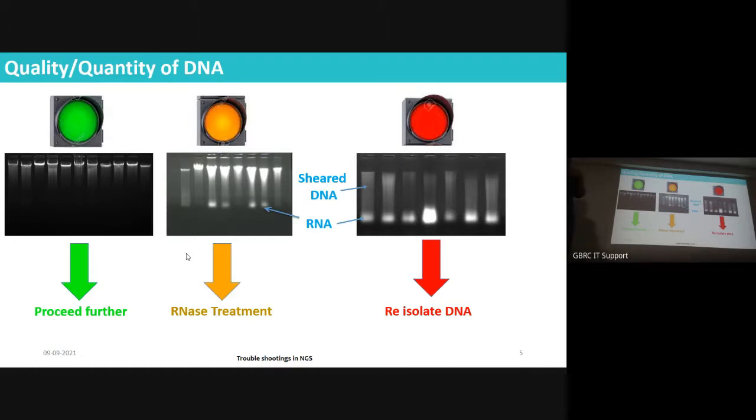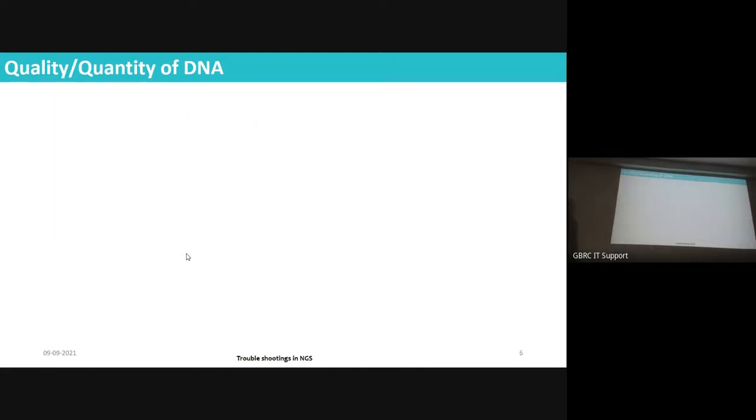In that case, you have to first optimize DNA extraction. Unless you are sure that the DNA is good enough, or at least a PCR amplifiable DNA, only then can you proceed further as far as NGS is concerned.